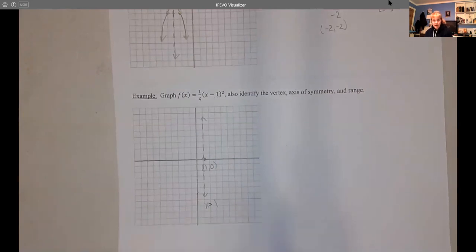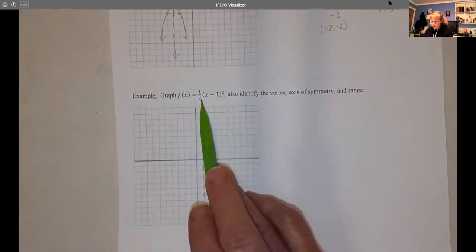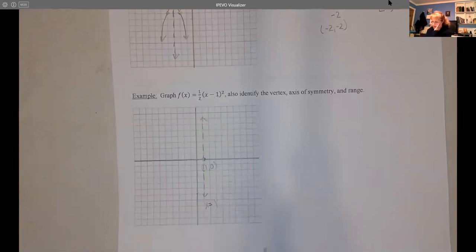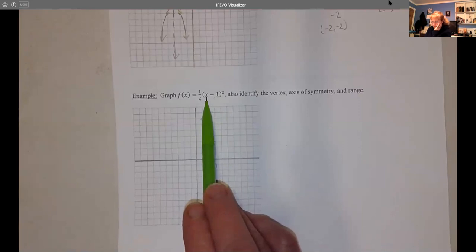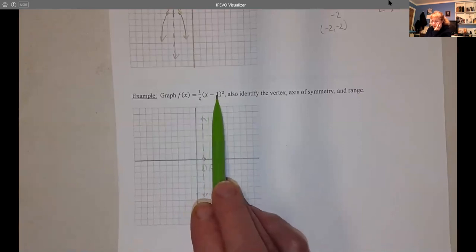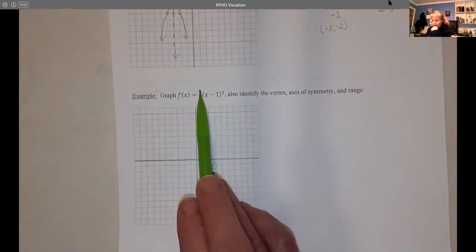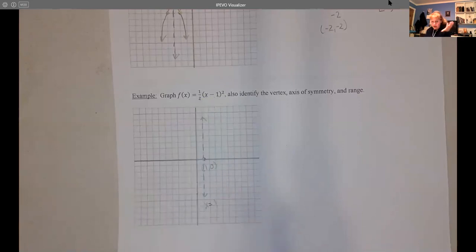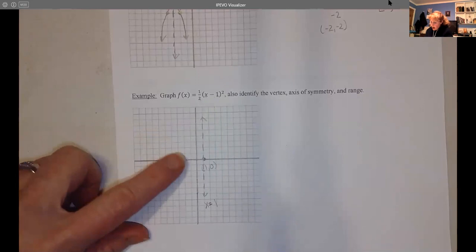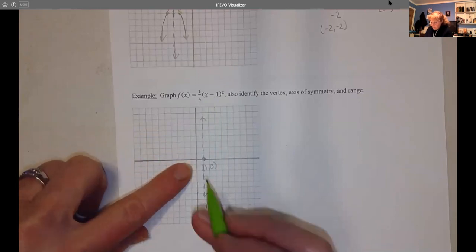We need to pick a number to the right or to the left that's divisible by 2. If I put in 0, 0 minus 1 is -1, squared is +1, but you end up with 1 times 1/2, and you still end up with a fraction. So let's try 3.